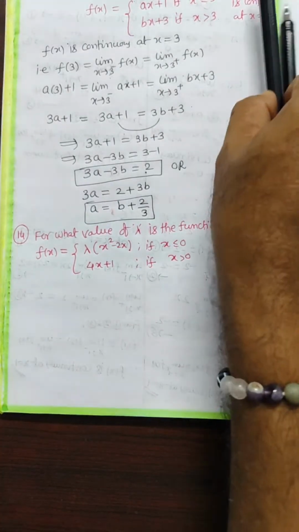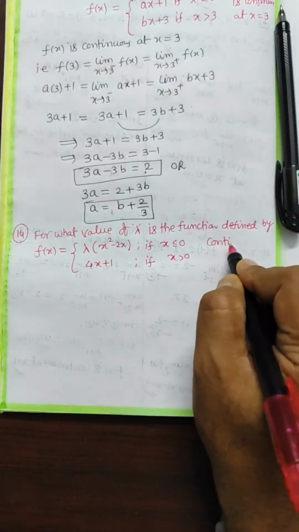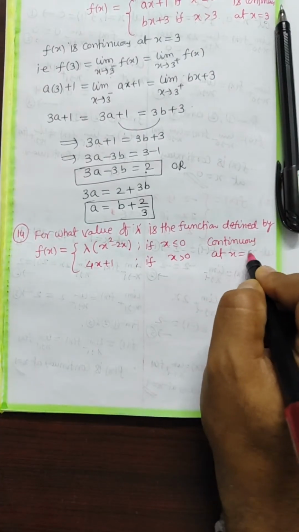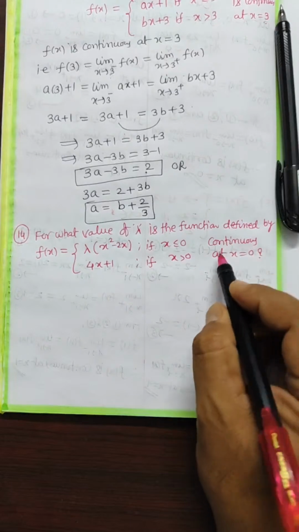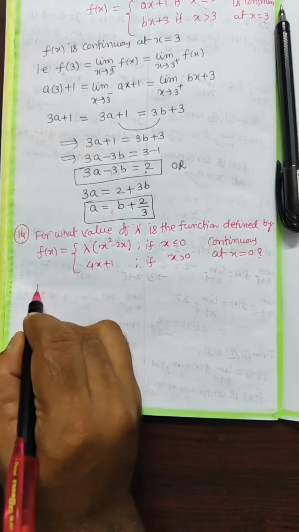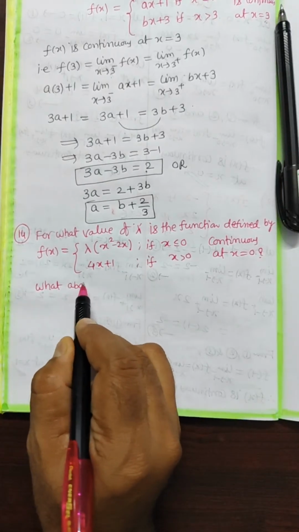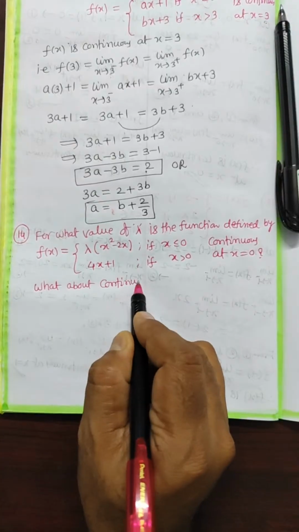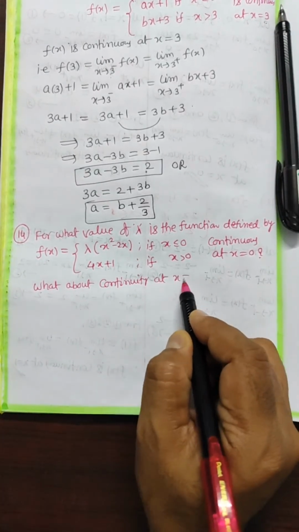continuous at x is equal to 0? What about continuity at x is equal to 1?